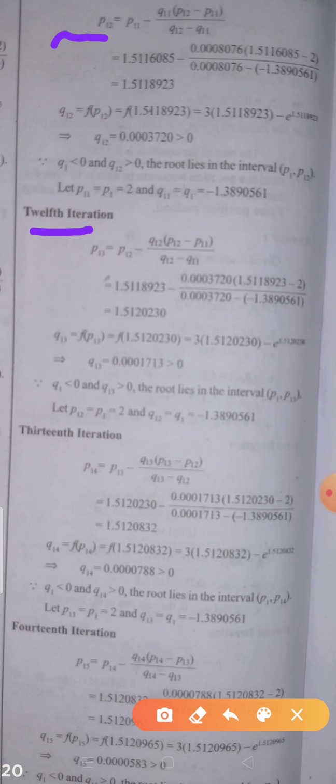Let P12 is equal to P1 is equal to 2 and Q12 is equal to Q1 is equal to minus 1.3890561. 13th iteration.